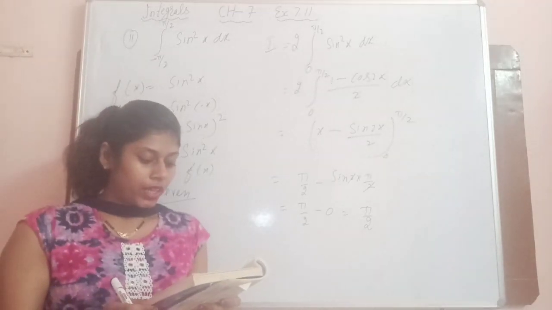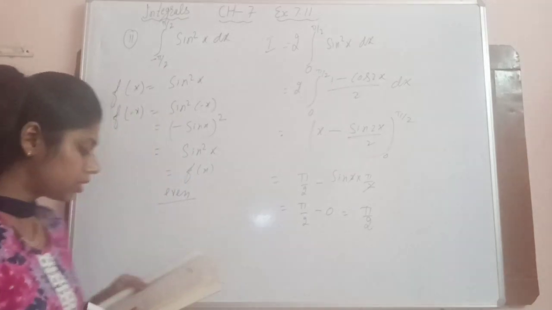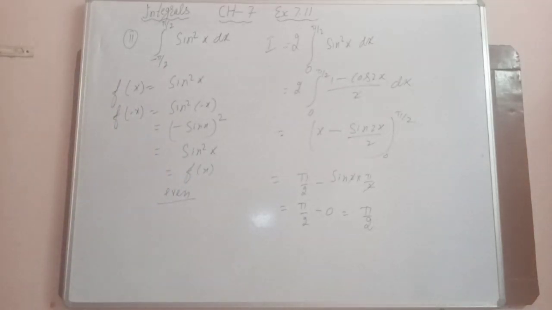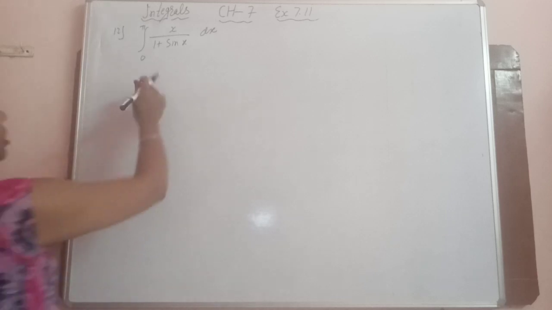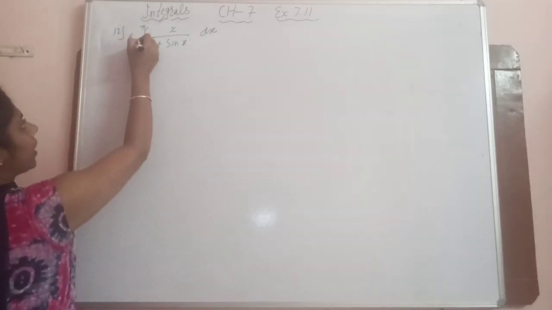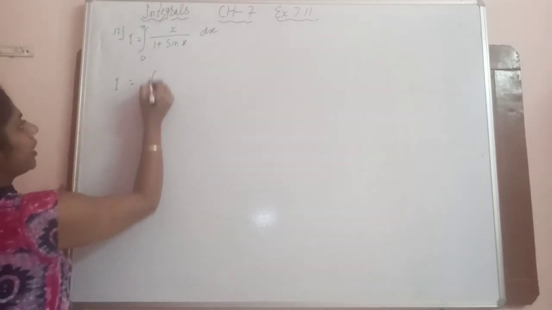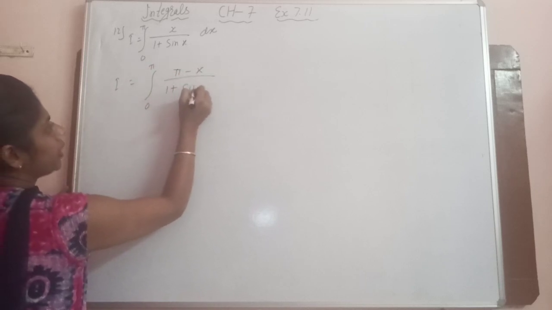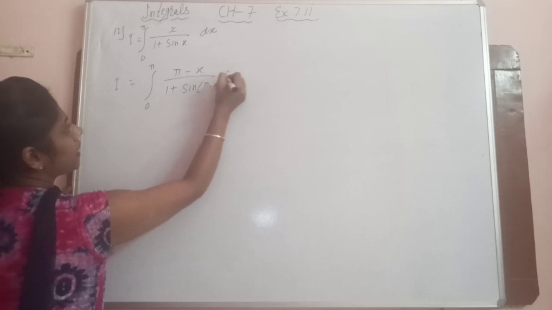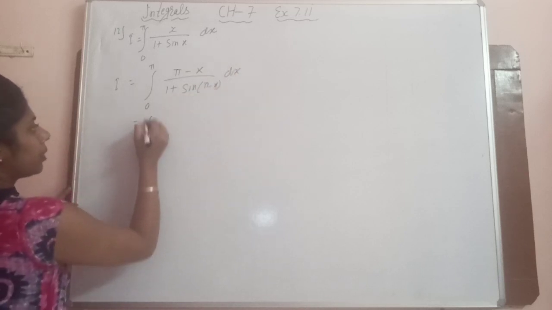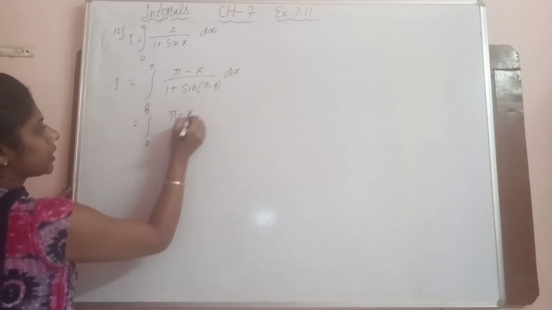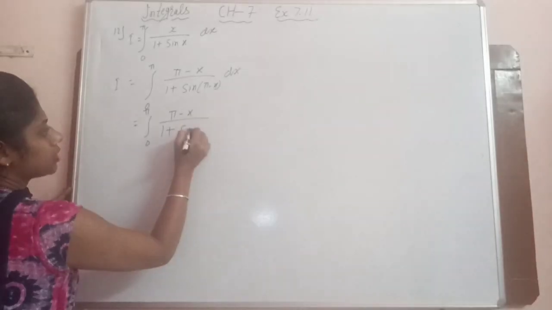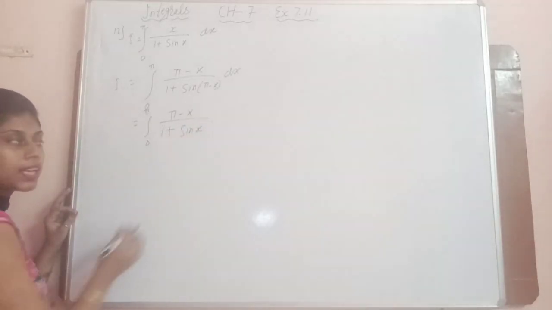Next, 12th question. See how to solve it. First of all, apply the sum of the limits minus x, same in the denominator. So it will become integral 0 to pi, pi minus x upon 1 plus sin x, because sin of pi minus x is the same as sin x.